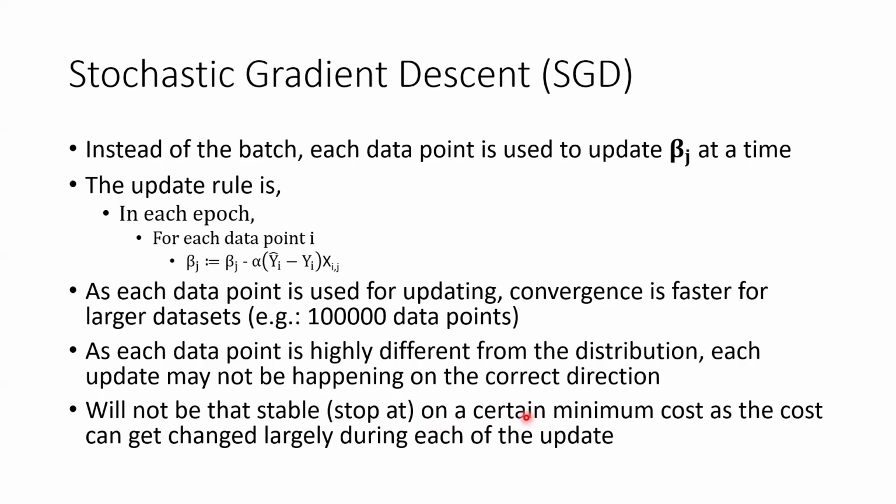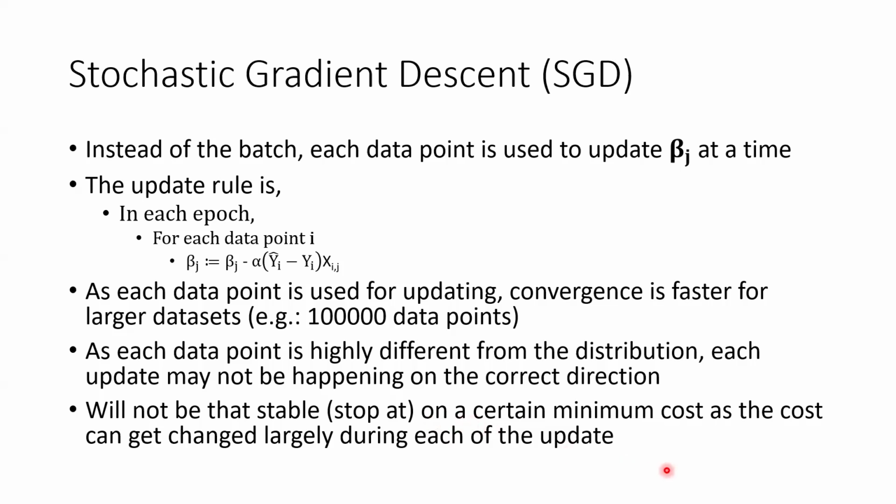So actually, it may be impossible to move very close to the optimum point when you are using stochastic gradient descent, because it would walk around the optimum point without settling on it, because the data points have different values, not the distribution. Different data points would say go in this direction, and the other data point would say go in the other direction, and so on. It would not come to the optimum point, right?